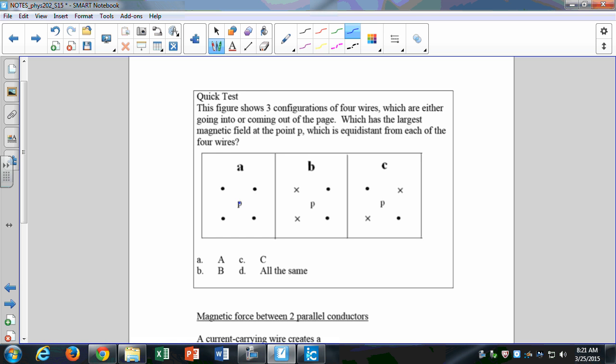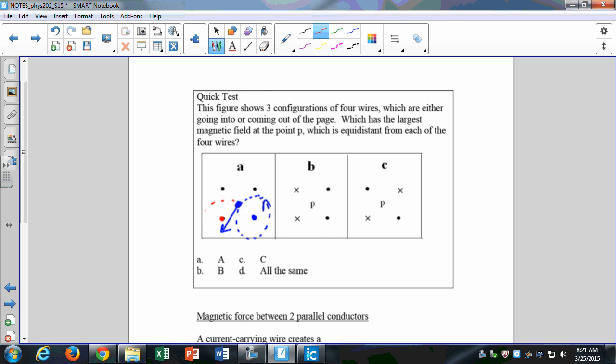But here, if I have a point P right here and I want to know the magnetic field, I just take each point. So for example, this wire, which is out of the page, will cause a magnetic field that goes counterclockwise. So at this point, it's going to cause a magnetic field in that direction.